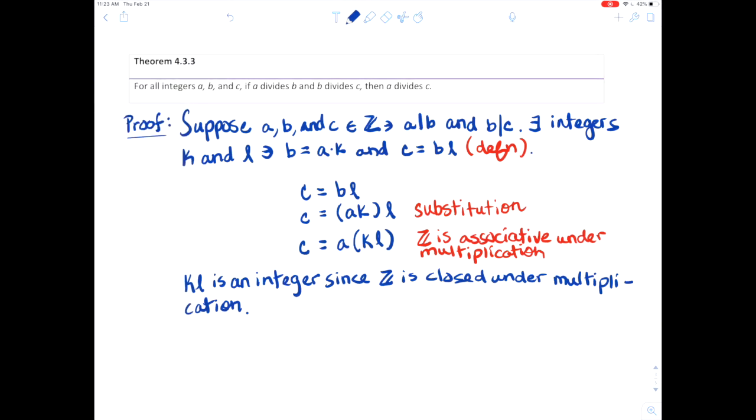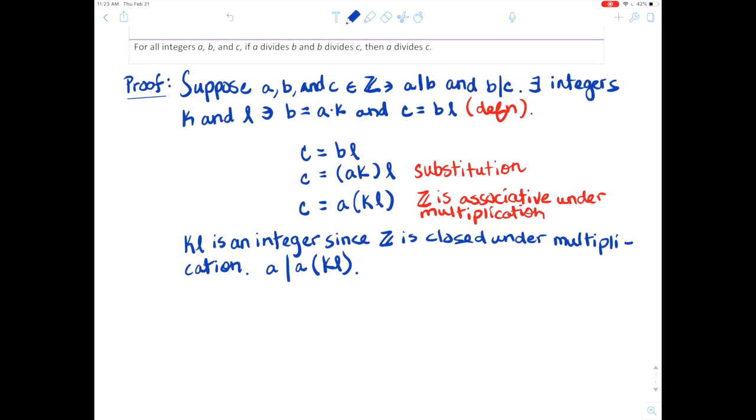What else do we know? We know that a is going to divide a times some integer, right? Because a divides itself. So what can we conclude? Therefore, awesome, a divides c. Groovy?